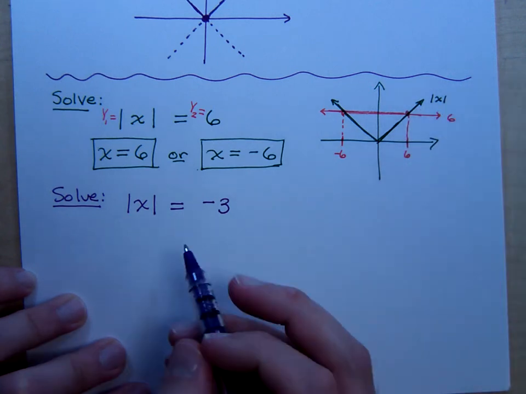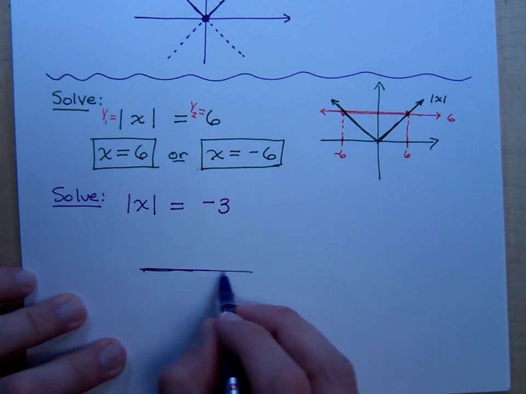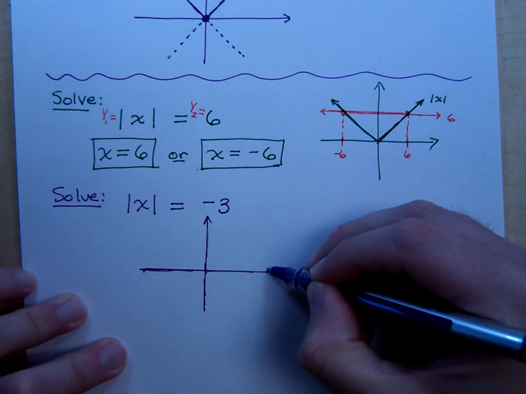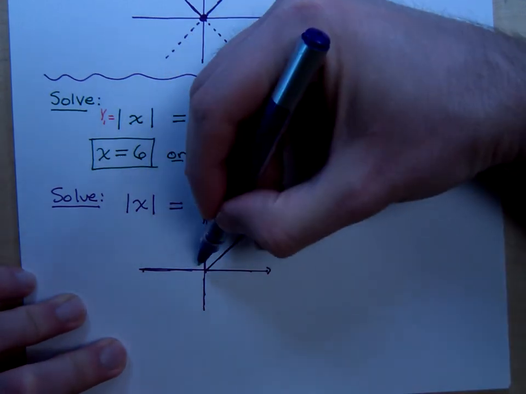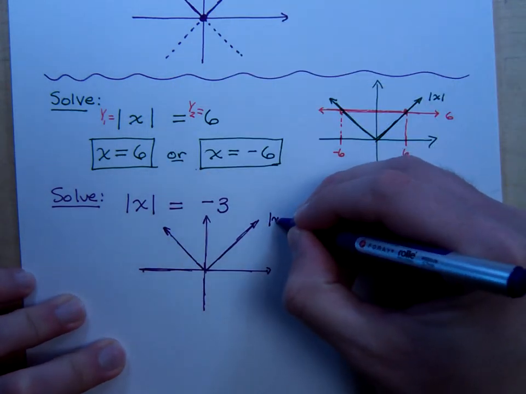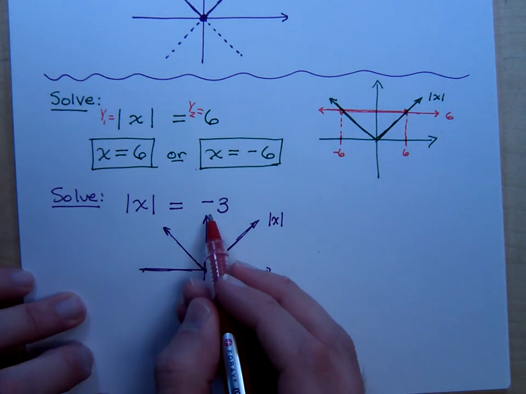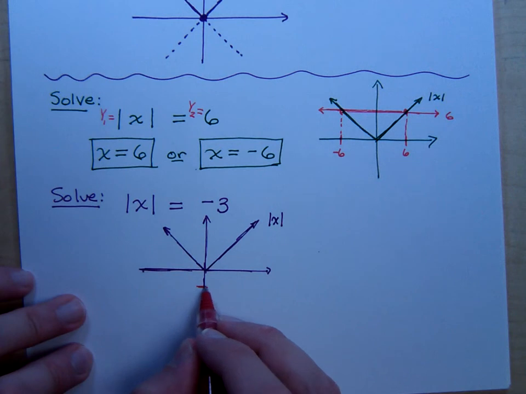Well, look at this guy right here. If I were to graph him, here's my absolute value of x function. How do you graph y equals negative 3? You come down here to negative 3, right?